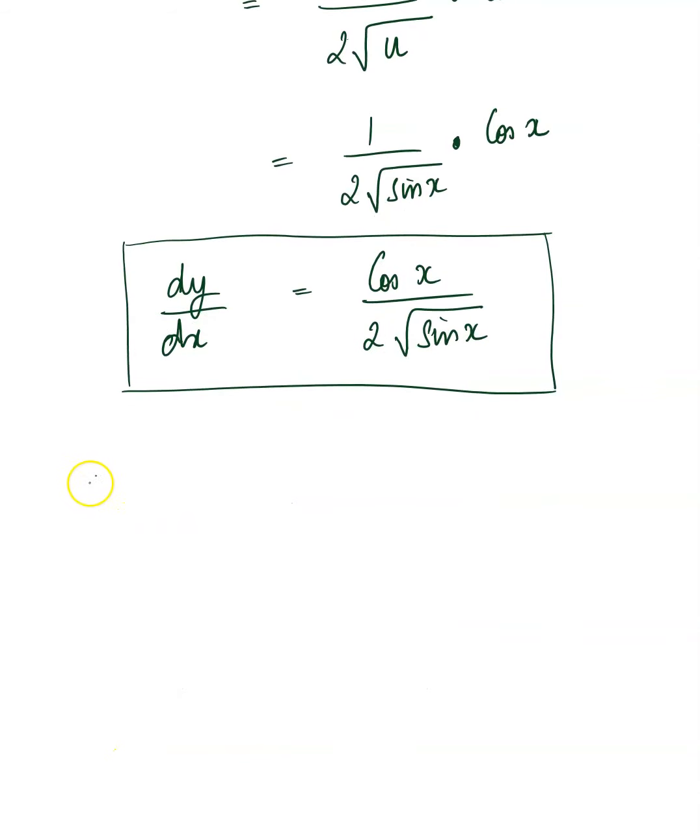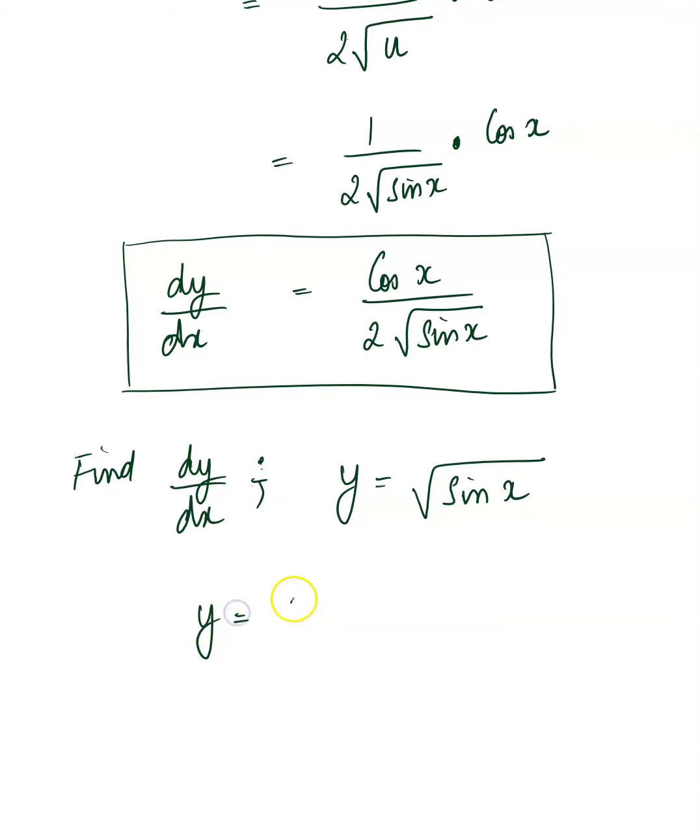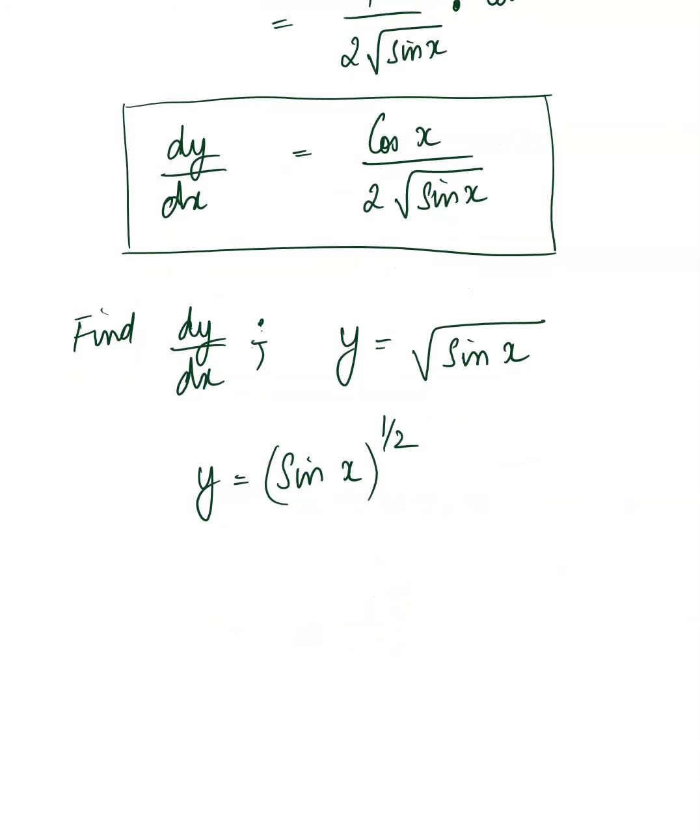If the same problem came to us, like say find dy over dx, and they said y is square root of sine x. I'm composing the two so that your y is written in terms of x. If this was what was asked of us, we have to first write this y equals square root of sine x as sine x power half, okay, and then identify this to be the half, the power.